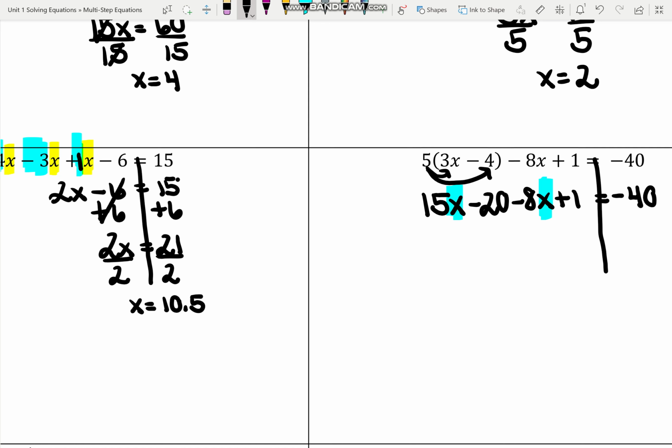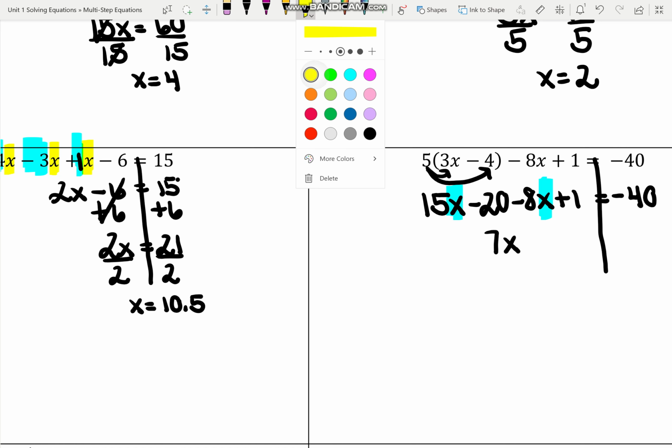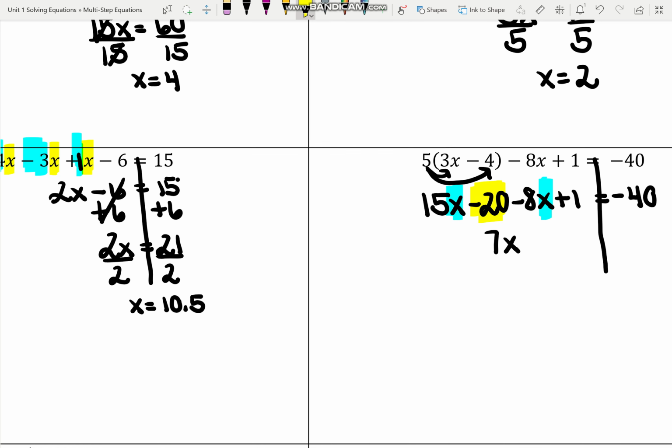Seven x equals negative 21. Divide both sides by 7, and x equals -3. And those are 4 examples today on solving multi-step equations.